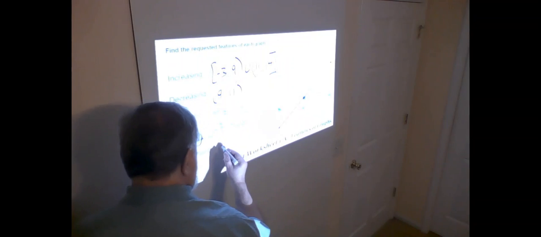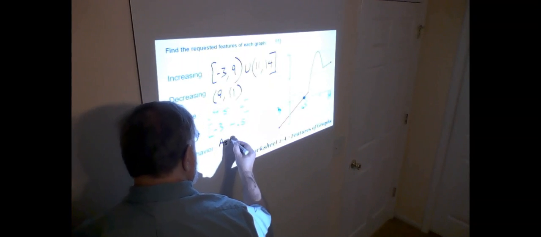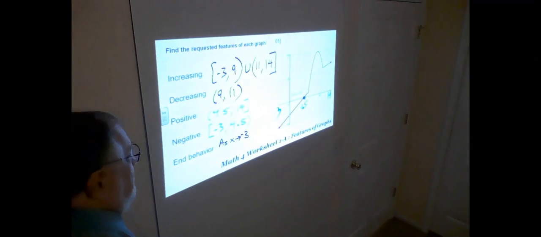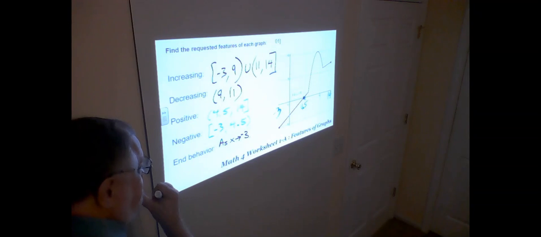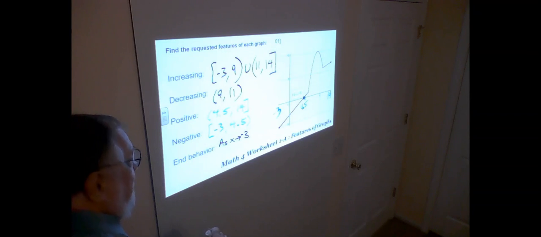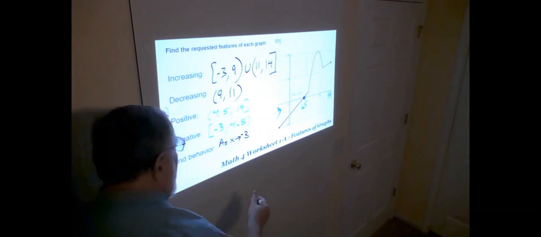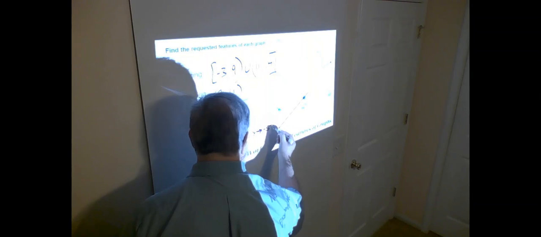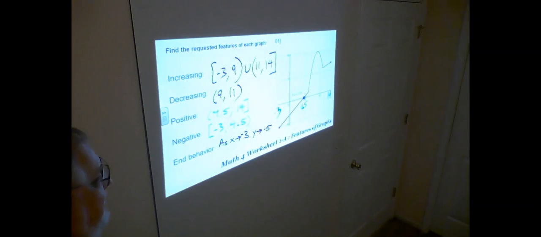So we're going to say as x approaches -3, what is y doing? Y is dropping down to -5, and that is as far as it gets. So that's going to be the negative side of the graph.